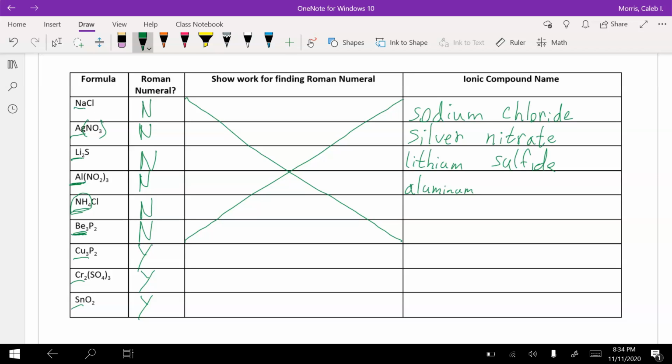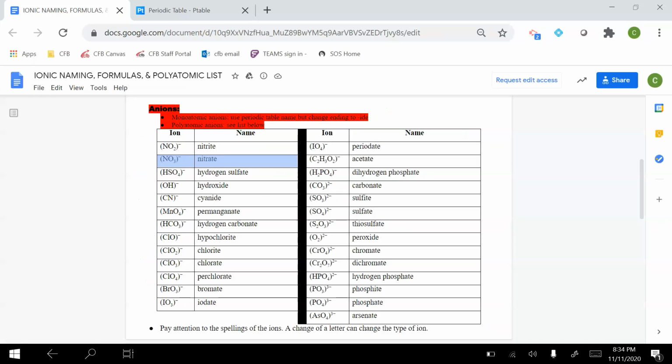And then NO2, pay attention to the difference here. This is NO2, this is NO3. They're close to the same, but they're not the same. So NO2, even though that 3 is on the outside, we're just looking at what's inside the parentheses. NO2 is nitrite. Similar name, but it's different.